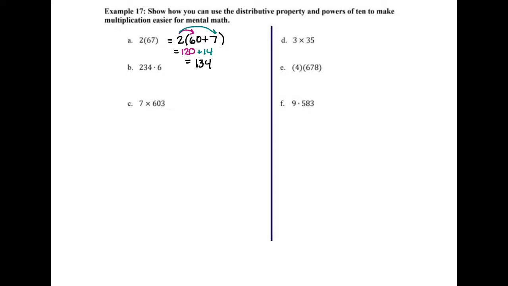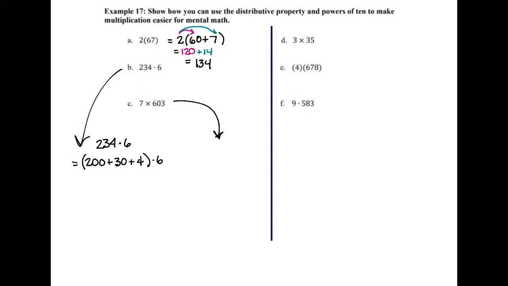And yet I know I got in the way of the next problem, so I'm going to do the next problem down here and then this problem over here. Okay, so B is 234 times 6. So I'm going to break 234 into place values. So 234 and times it by 6 from the back.